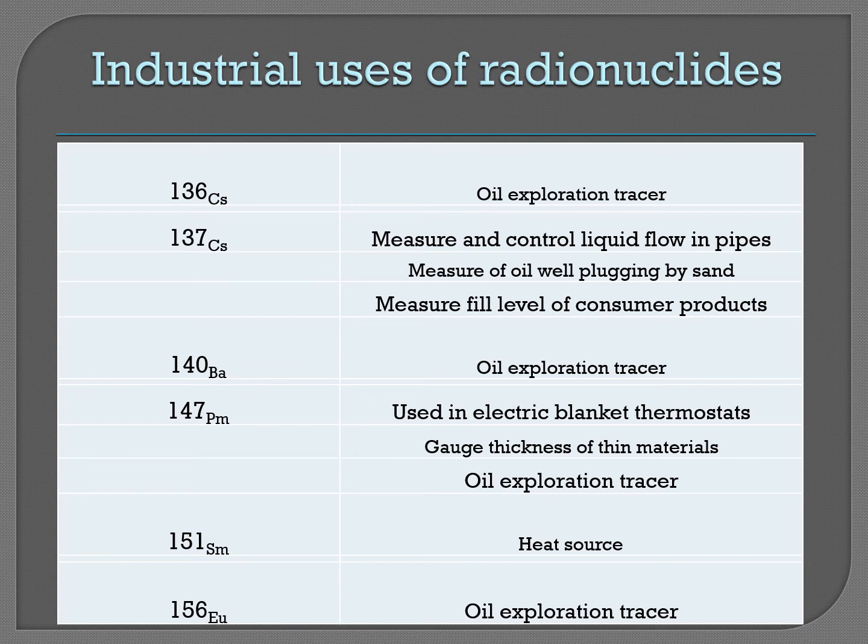Then we have PM147 radionuclide, and it is used as electric blanket thermostats, used as gauge thickness of thin materials, and it is also used as an oil exploration tracer. Then we have SM151. It is used as a heat source radionuclide. We have EU156, and this radionuclide is also used as an oil exploration tracer.